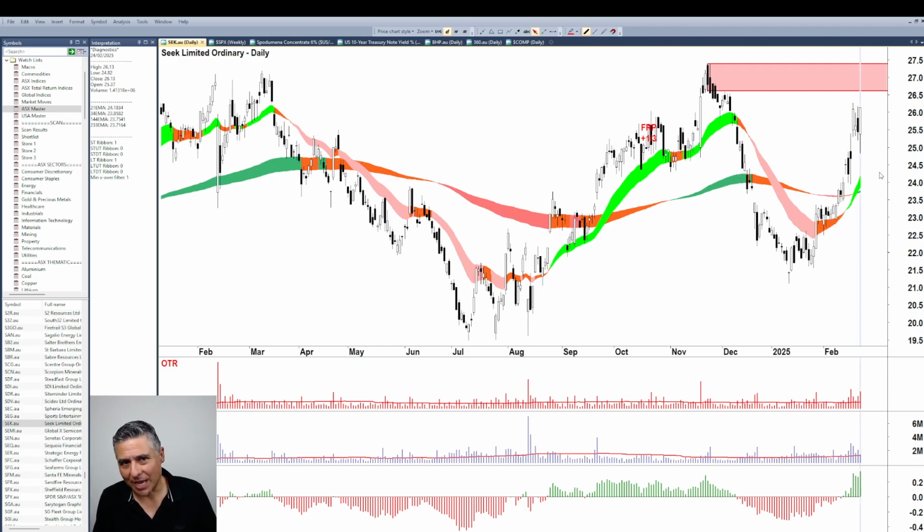But I do love this candle. I think today's candle is great. I love this move here, gapping up above that shadow, and then very shallow pullback, really nothing days, and then that strong showing today on what wasn't really, outside of the banks, a great market. So I think that's a nice volume push to get it going.